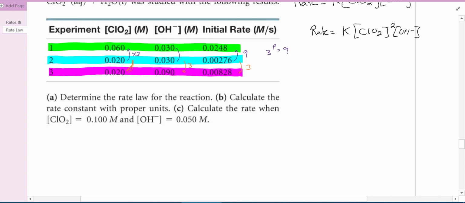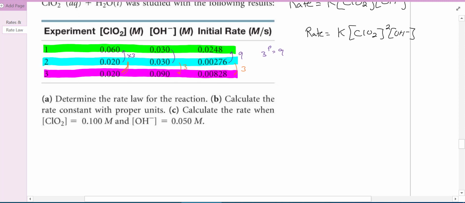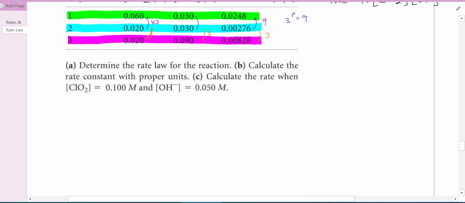So let's recap. Let's do it the long way one time. So again, I'll do experiments 1 and 2. For experiment 1, the rate is 0.0248 molarity per second, equals K, 0.060 and 0.030.